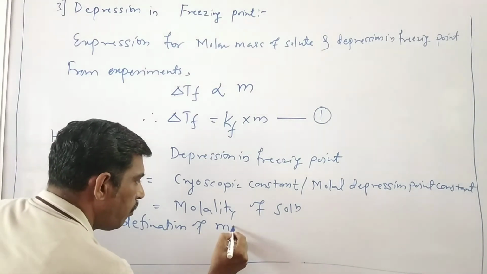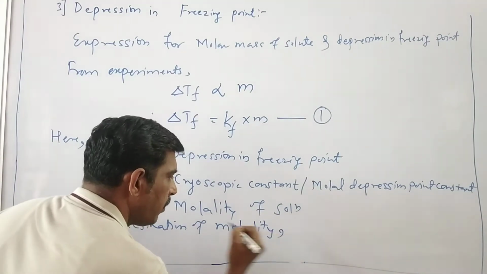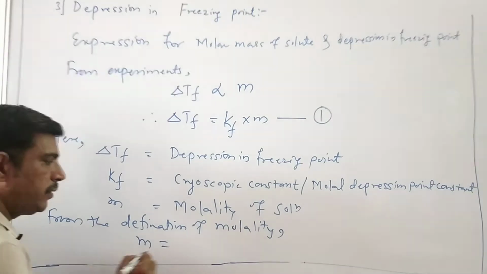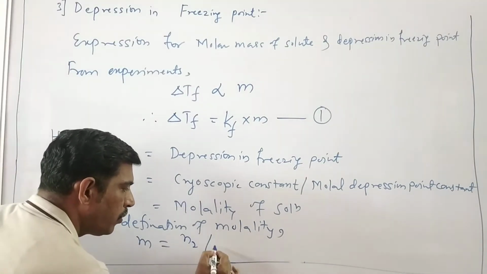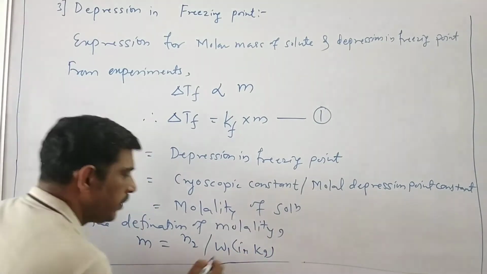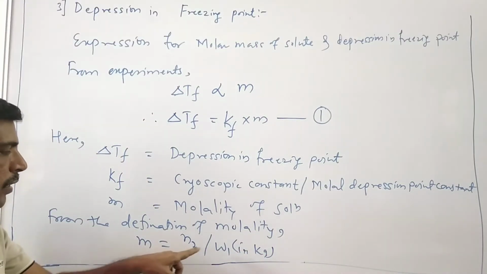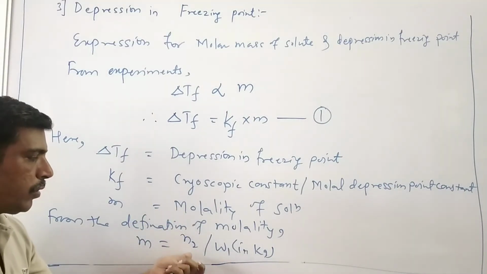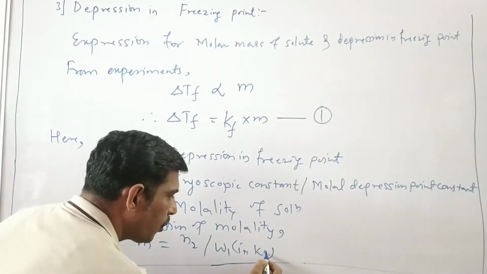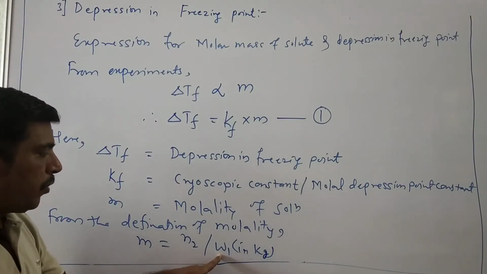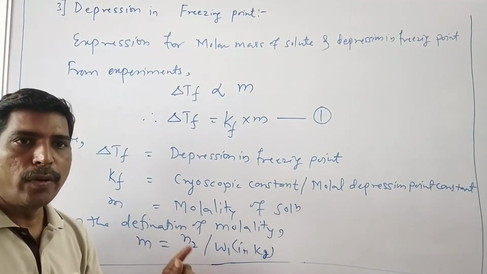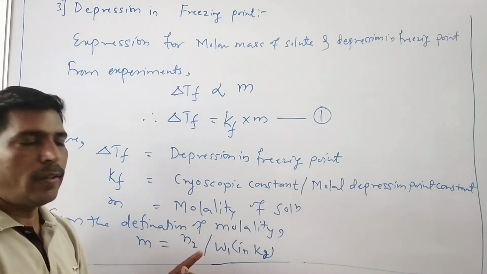Then from the definition of molality, m is equal to what? That is n2 upon W1 in kg, that is, the number of moles of solute dissolved in 1 kg of solvent. Here W1, M1, n1, we are using these terms for component 1, and we are taking component 1 as the solvent.